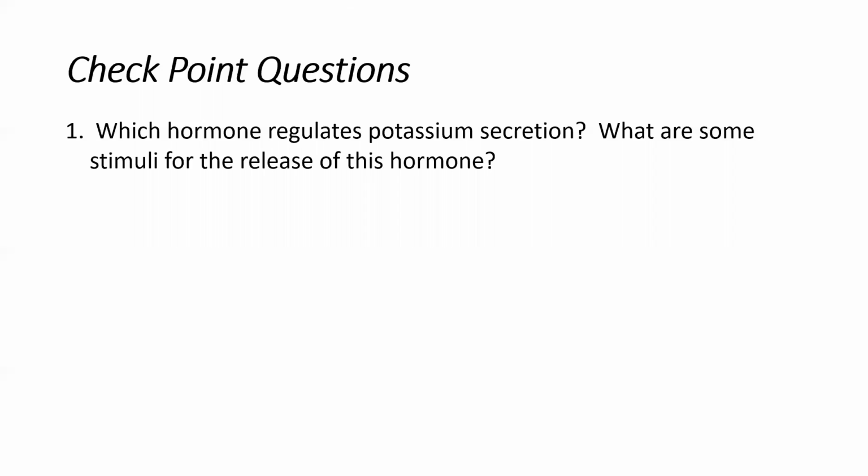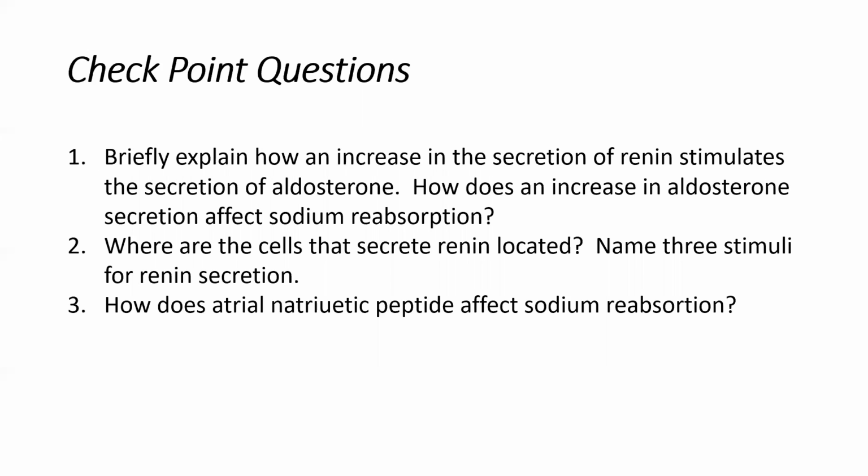And the stimuli are a decrease in sodium and chloride in the filtrate, an increase in sympathetic activity, which is a decrease in the baroreceptor stretch in arterioles, and then a decrease in the afferent arterial pressure.